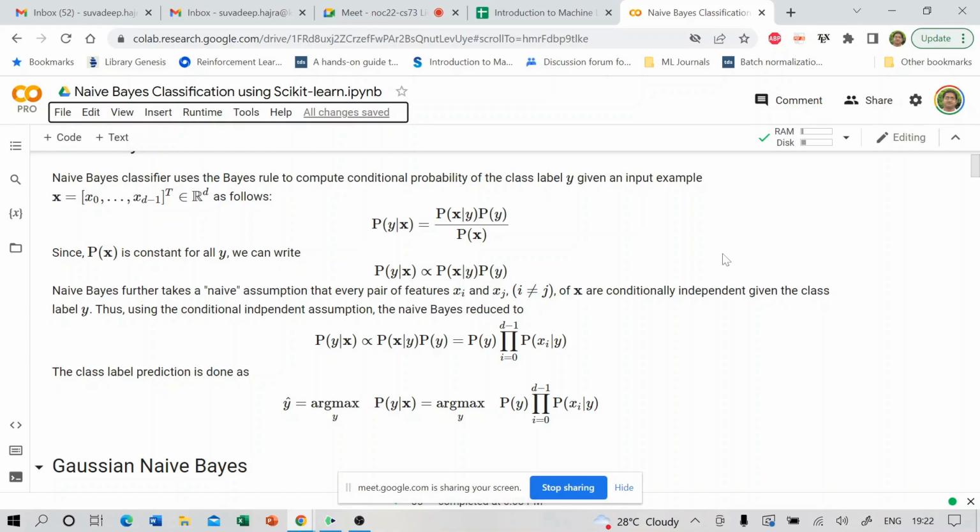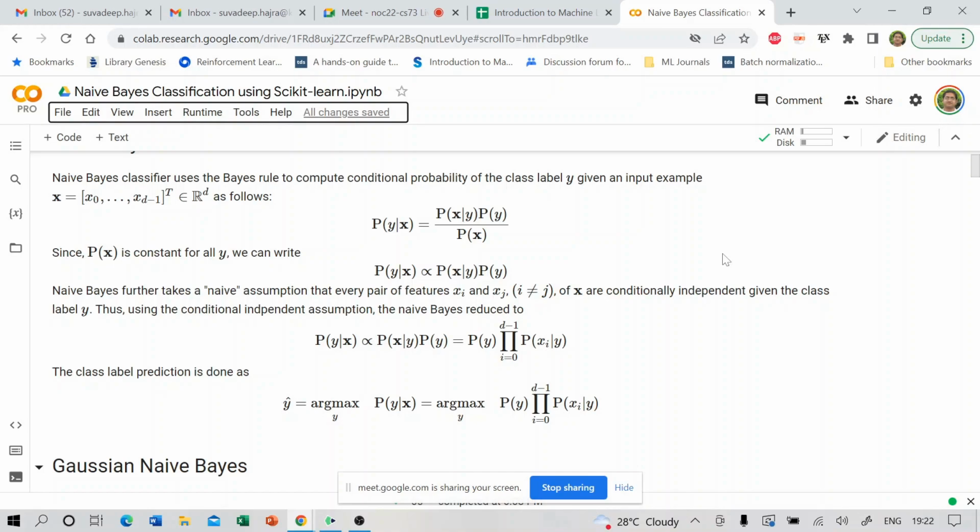Now this follows some kind of categorical distribution, and then you have to model the conditional probability of the individual features, p(xi given y). Depending on the data, you can use different kinds of distribution to model this conditional distribution of the features.